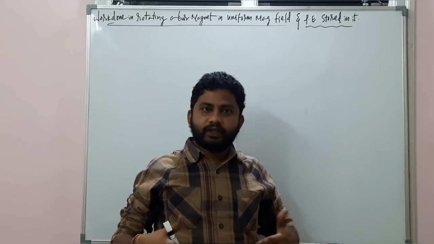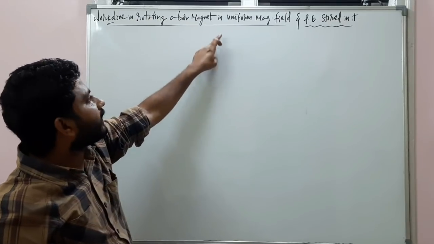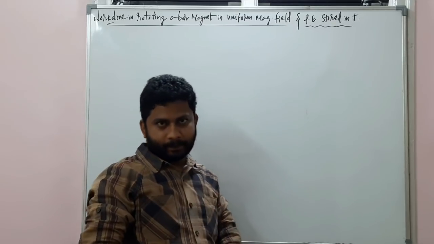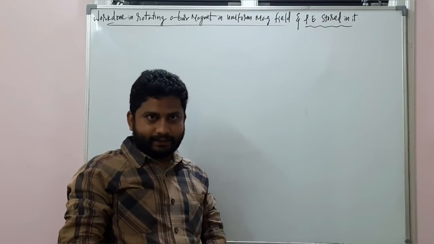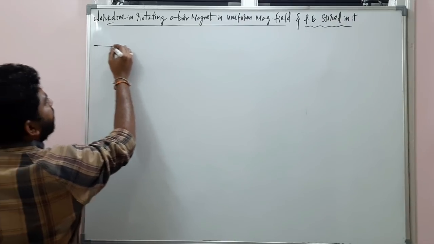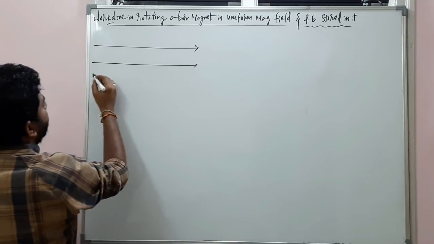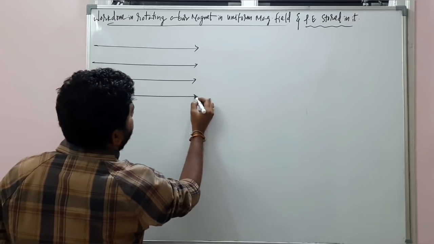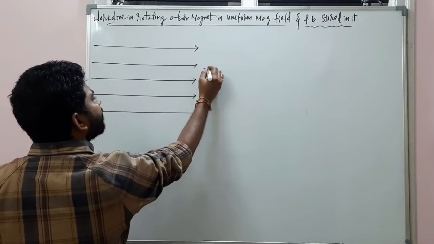Okay students, let's continue. Work done in rotating a bar magnet in a uniform magnetic field and the potential energy stored in it. This is a continuation of the previous slide. There is a uniform magnetic field here.